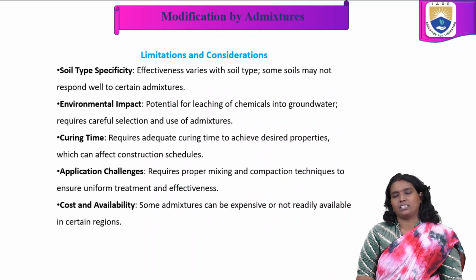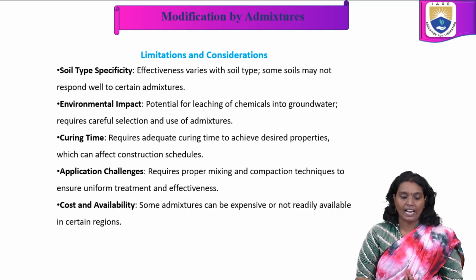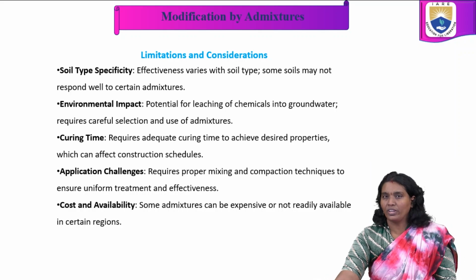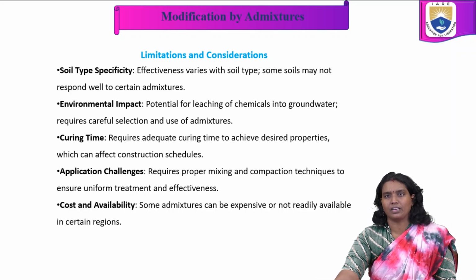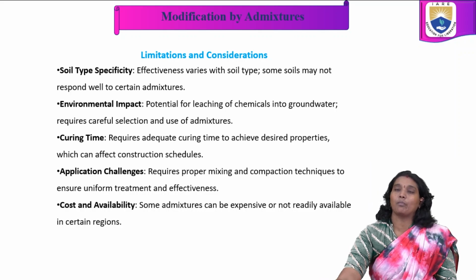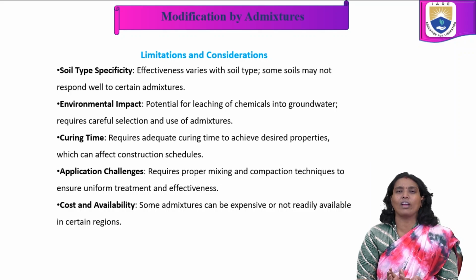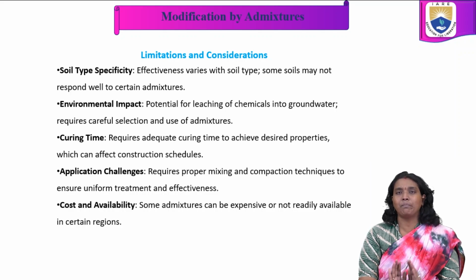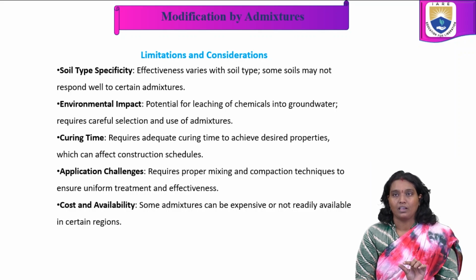What are the limitations? We have some limitations: soil type specificity, environmental impact, curing time and application challenges, cost and availability. The effectiveness varies with soil type. It depends upon which type of soil it is, whether it is sandy soil, clayey soil, or granular soil.